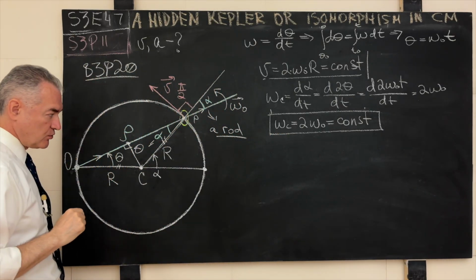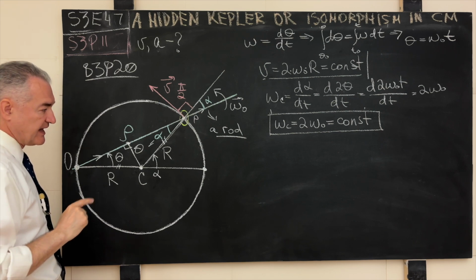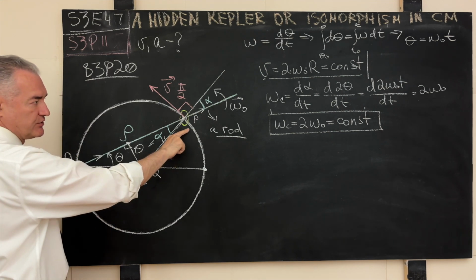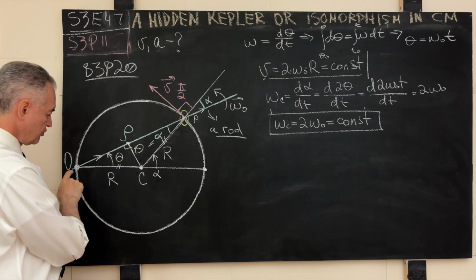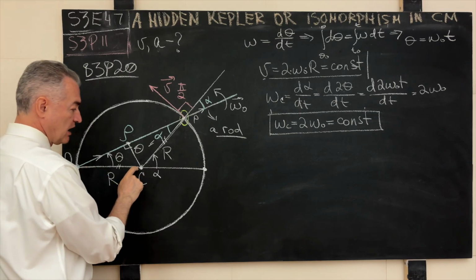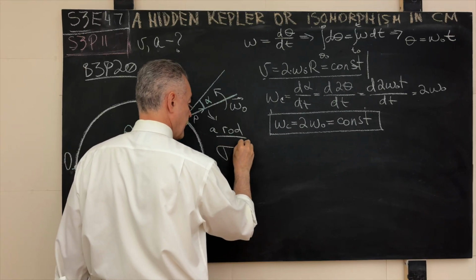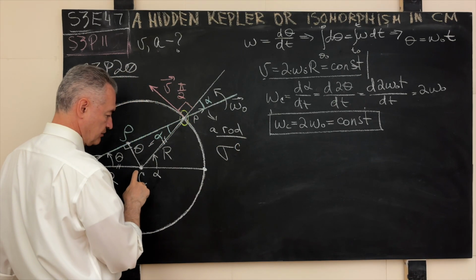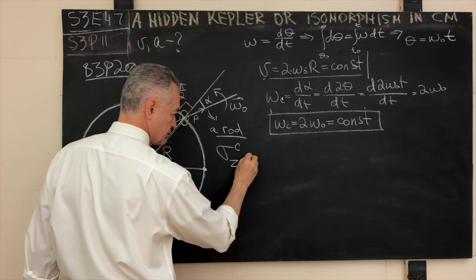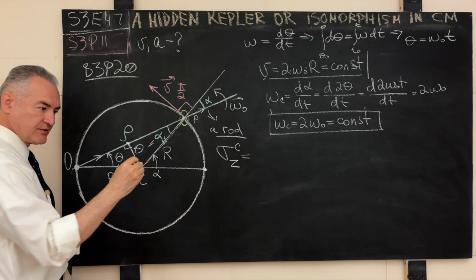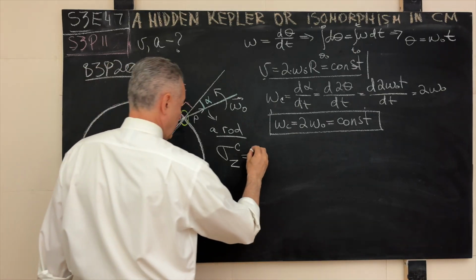Now we task ourselves with computing the areal velocities of the ring relative to the center of the circle and to the center point O. In the first case, this is a trivial computation. The areal velocity relative to the point C in its projection on the z-axis will be, what?